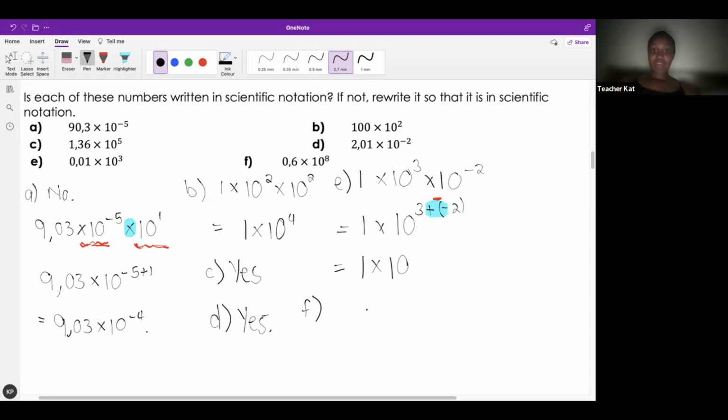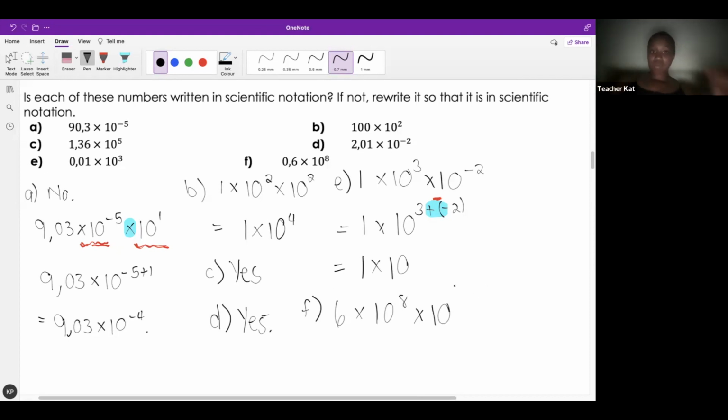Okay, let's see. Number F, is it in scientific notation? No. Where do we want the comma? After the 6. So it's going to be a 6 times 10 to the power of 8. Now, did we move that comma left or right? Right. How many times? Is it positive or negative?